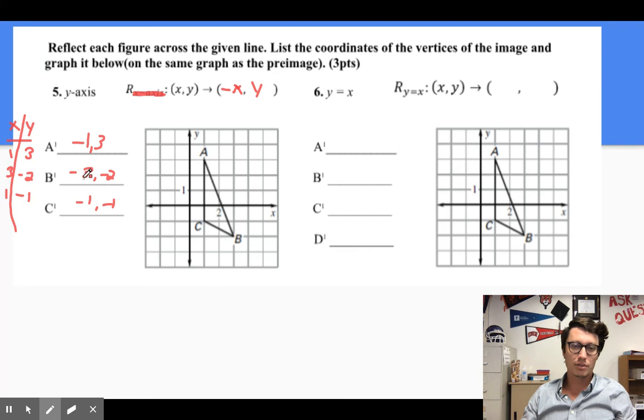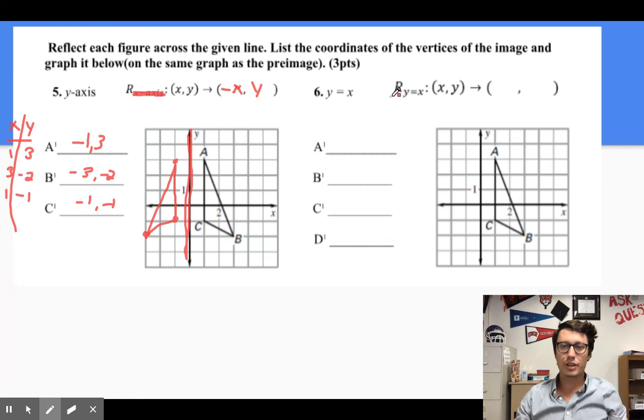Okay, we have all of our coordinates. Now we need to graph them. A prime is at negative 1, 3. B prime is at negative 3, negative 2. And C prime is at negative 1, negative 1. And then we draw in our triangle, reflected across the y-axis.